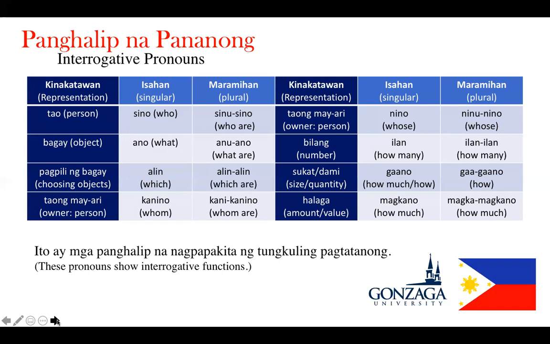Next one, taong may-ari. If you're asking about who owns something, you ask kanino. Example, Piper, kaninong sisidlan ng tubig iyan? That's the English translation.